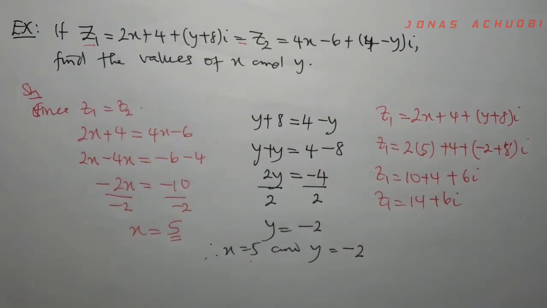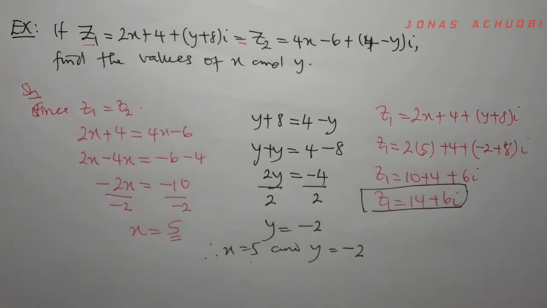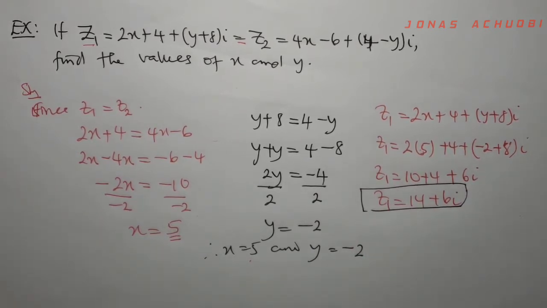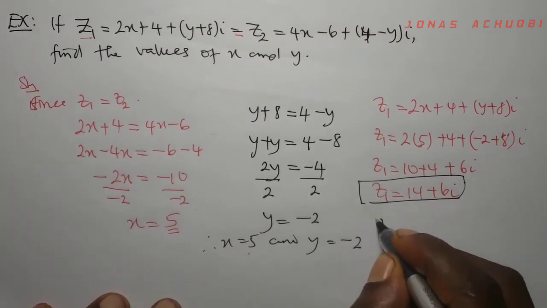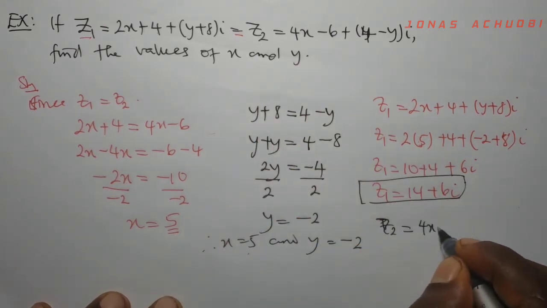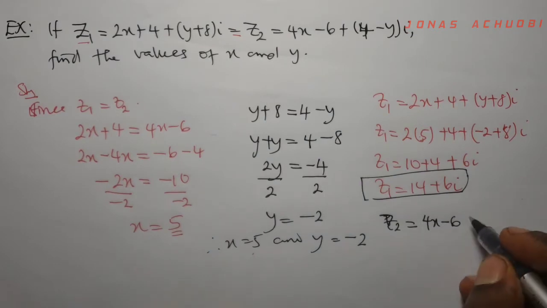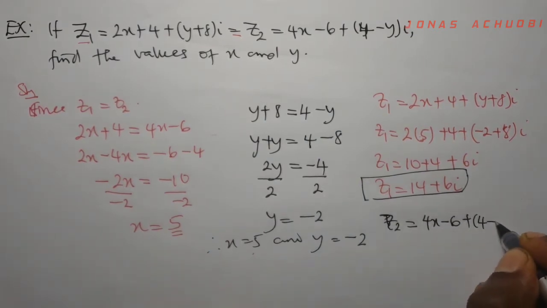So the complex number z1 we're talking about here is nothing but 14 plus 6i. So let us see what z2 is. z2 we are told is 4x minus 6 plus 4 minus yi.